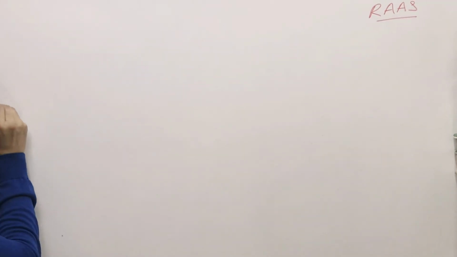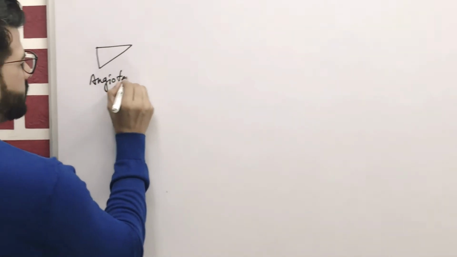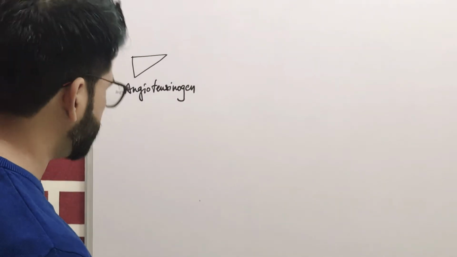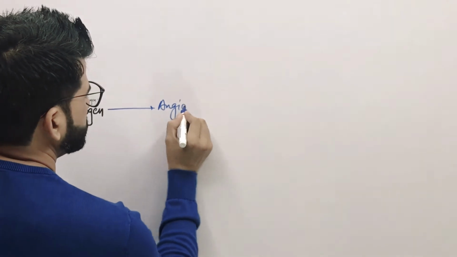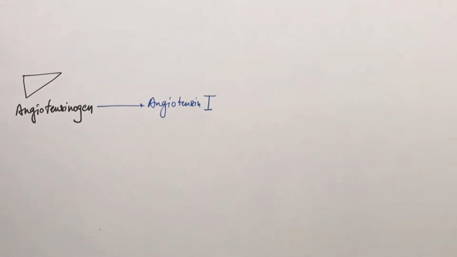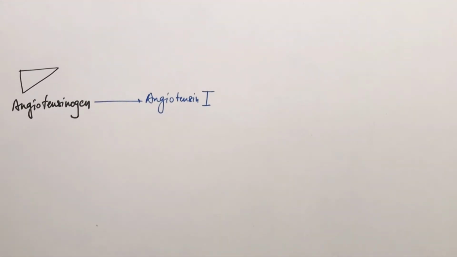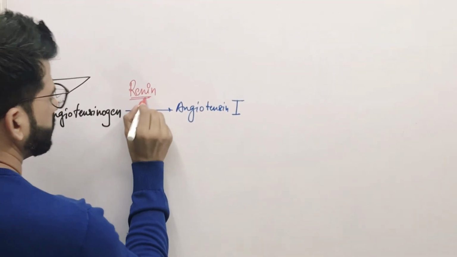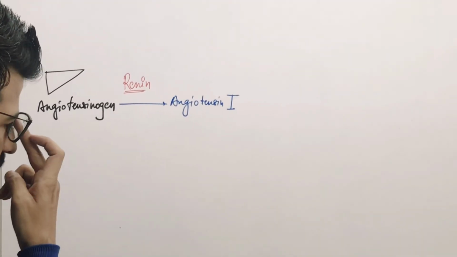Your liver produces a protein which is called angiotensinogen. This angiotensinogen is converted to angiotensin 1. The conversion of angiotensinogen to angiotensin 1 requires your renin. So angiotensin 1 is formed.